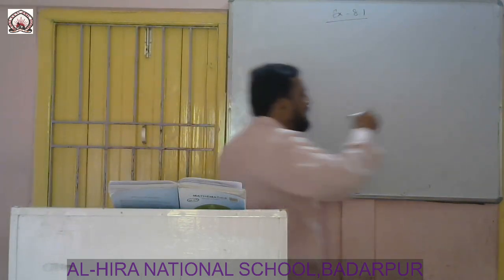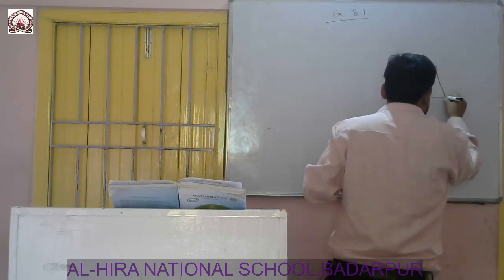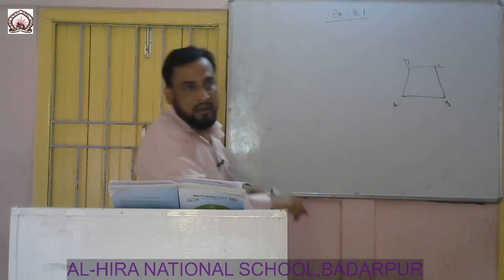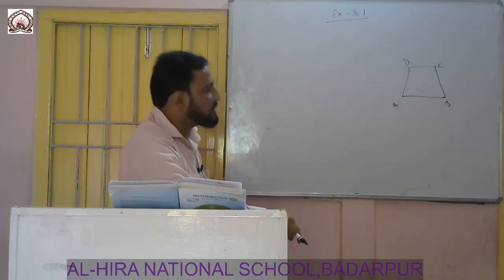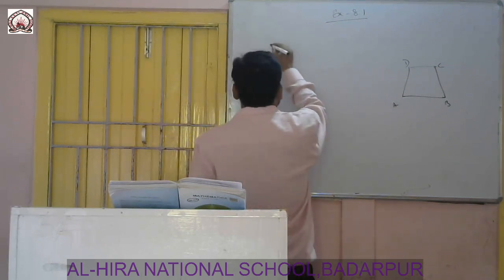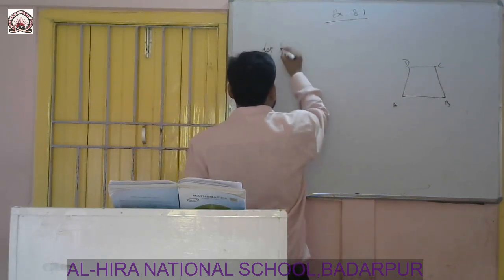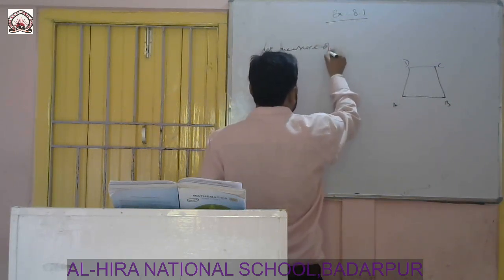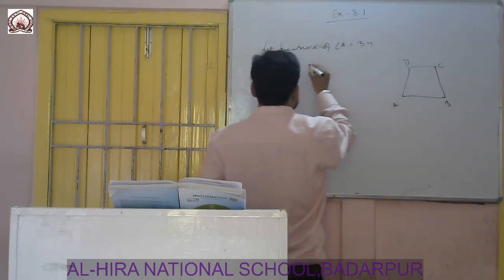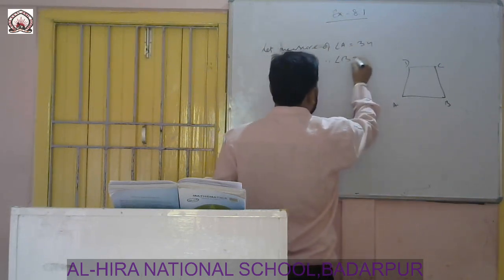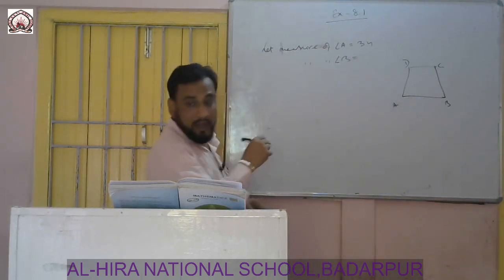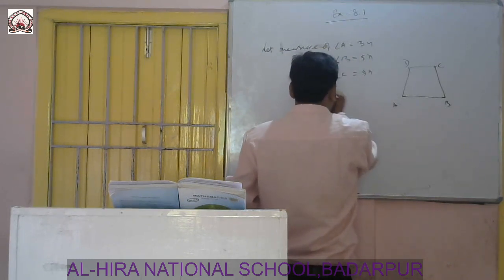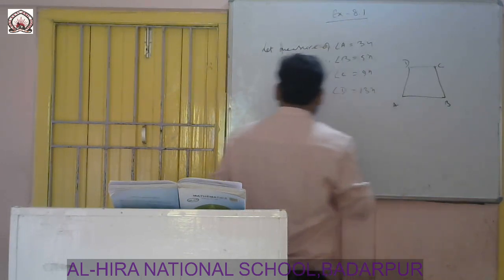So there is a quadrilateral, suppose ABCD, of any kind. Given ratios are 3:5:9:13. Let the measure of angle A be 3x, angle B be 5x, angle C be 9x, and angle D be 13x.